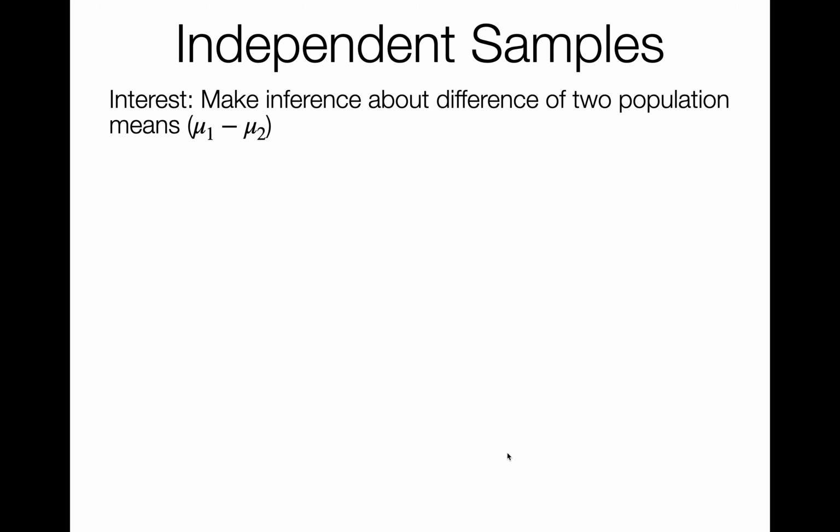So for instance, if I look at the difference mu1 minus mu2, and I can say with some certainty that that difference is greater than 0, that's the same as saying that mu1 is greater than mu2. And that's what I mean by we're looking at a difference and that we can make inference based on that.